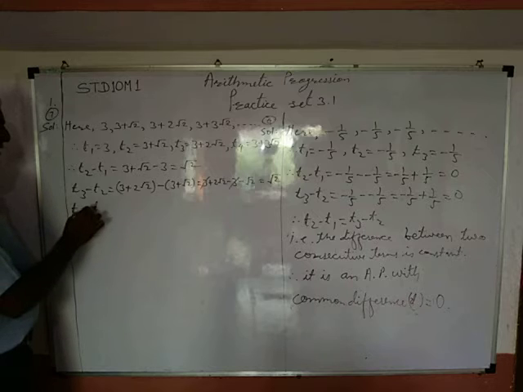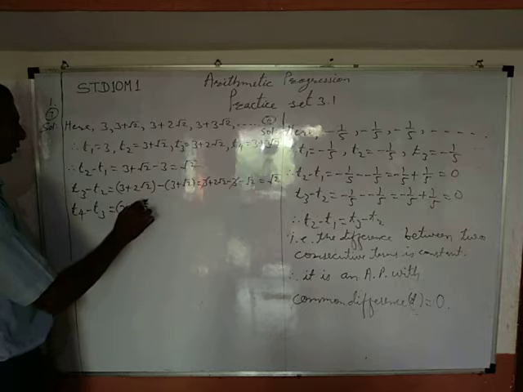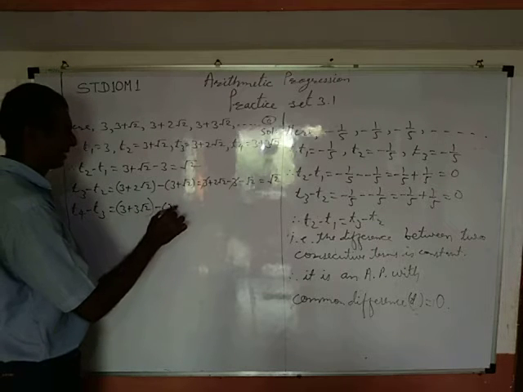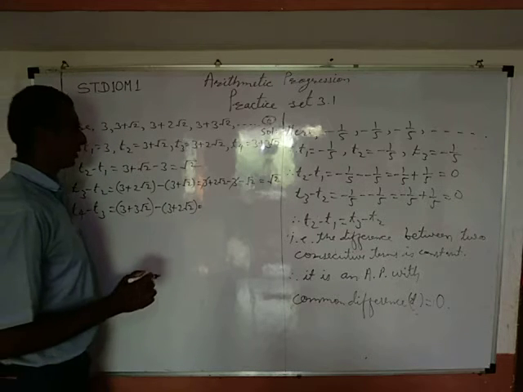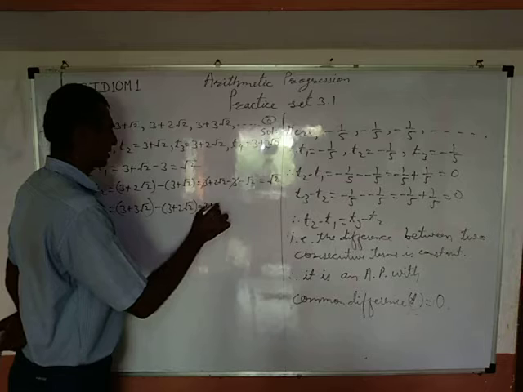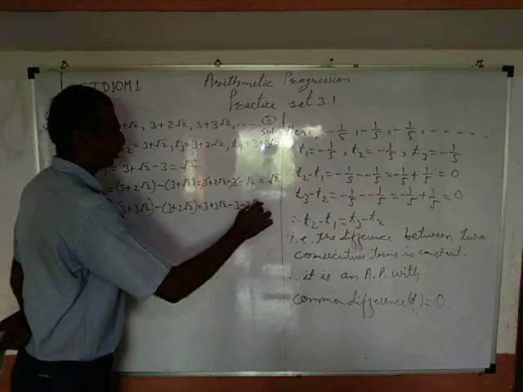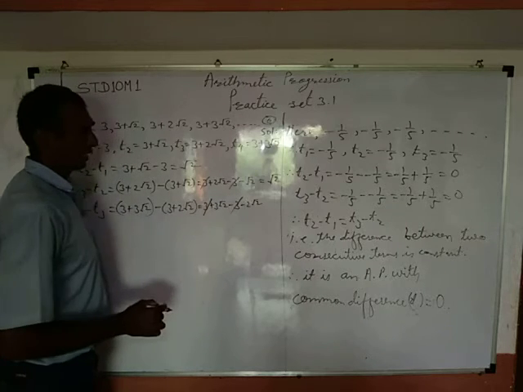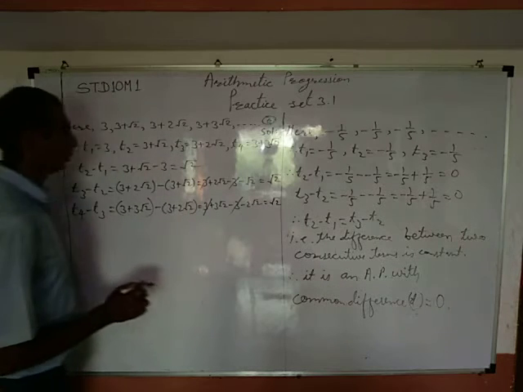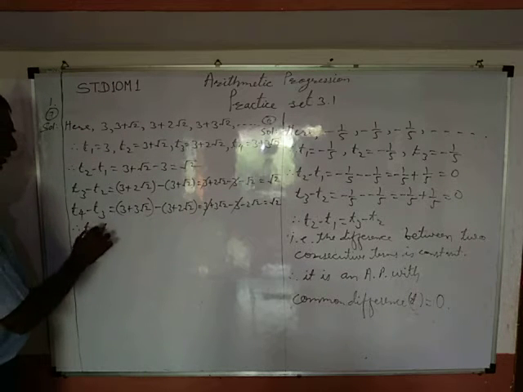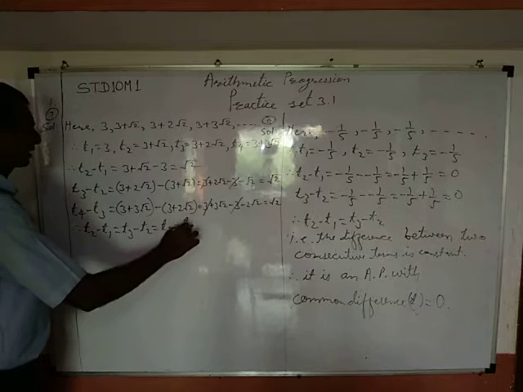T4 minus T3 equals 3 plus 3 root 2 in bracket minus 3 plus 2 root 2 in another bracket. Now let's open the brackets: 3 plus 3 root 2 minus 3 minus 2 root 2. 3 cancels with minus 3, and 3 root 2 minus 2 root 2 gives us root 2. And therefore T2 minus T1 equals T3 minus T2 equals T4 minus T3.